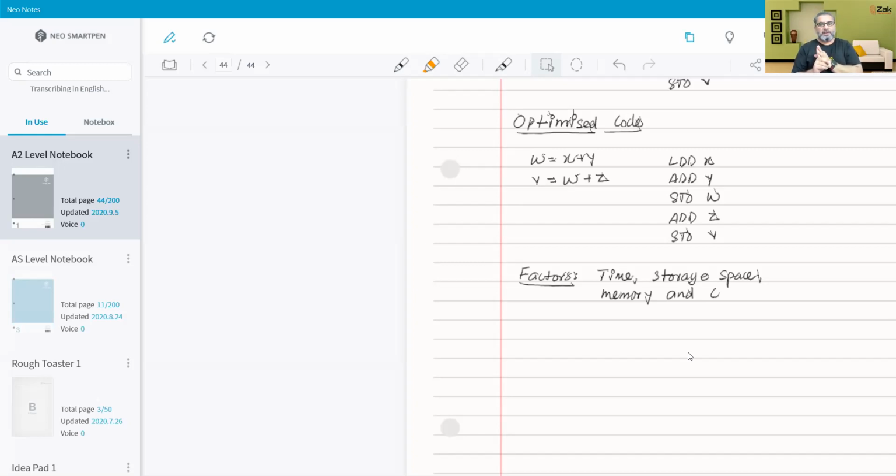Storage space, so that the machine code is produced in as little space as possible. And then when the program is being executed, it is taking less RAM, the memory, and the processor's time. Obviously, if there are many instructions, the processor will be engaged for long. And if there are less instruction, it will be engaged for less. So this was code optimization.